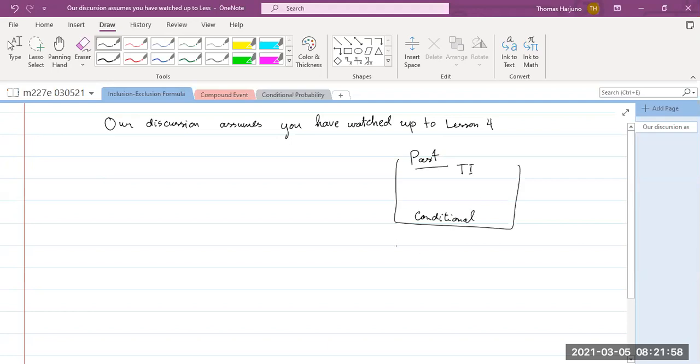Now, recently, I think in the last 4 years, I don't include conditional probability in my old tests. Okay, so the last topic was compound event.